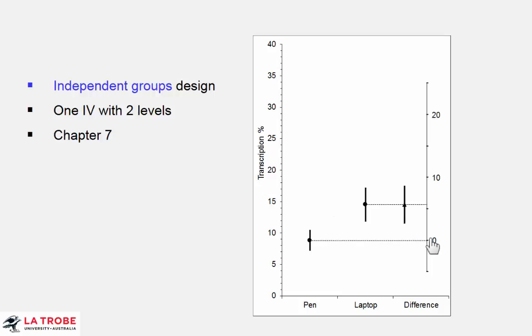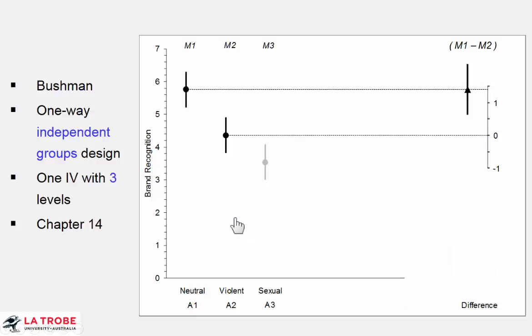And of course, we displayed it on this difference axis with its confidence interval, and we interpreted that effect size and its confidence interval. Then we extended this: independent groups, still 1 IV, but with 3 levels.